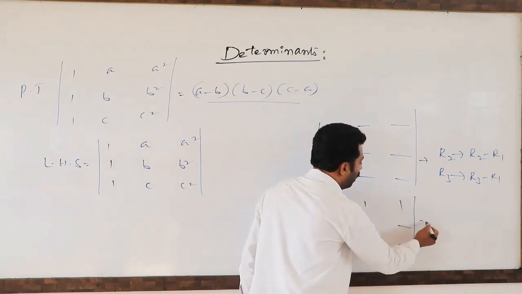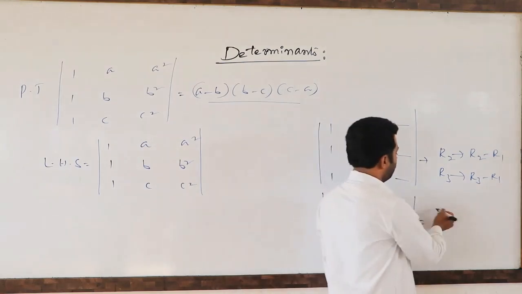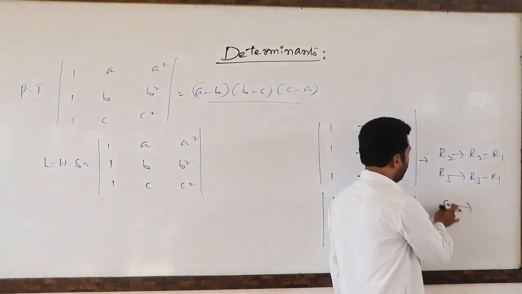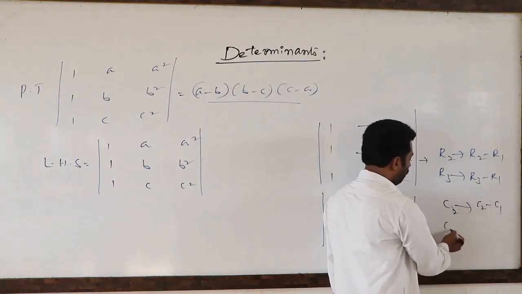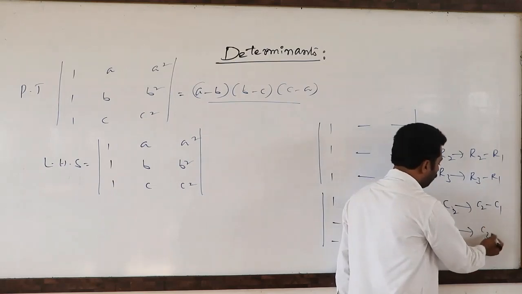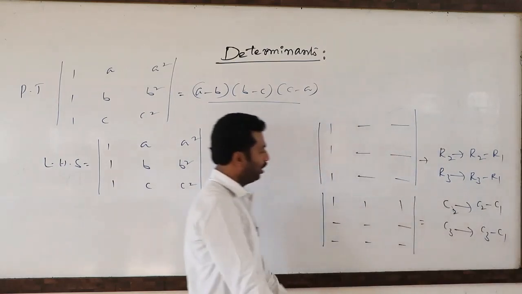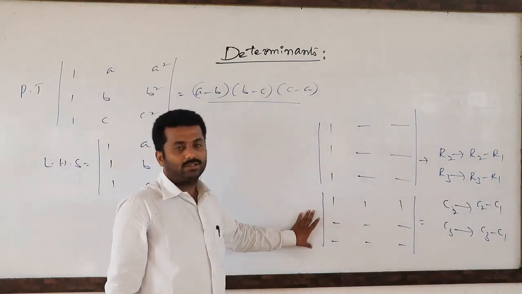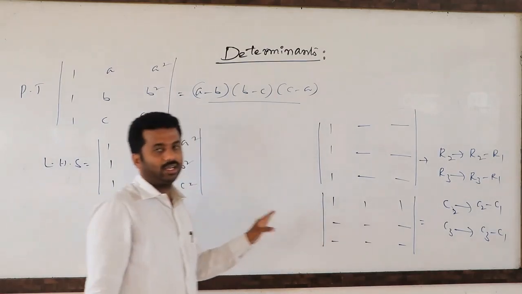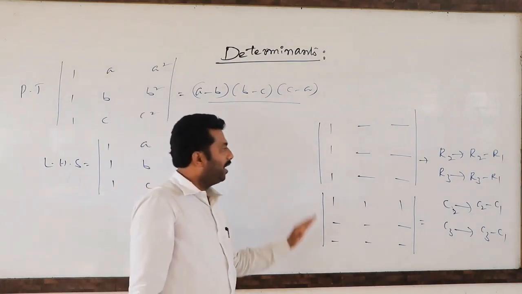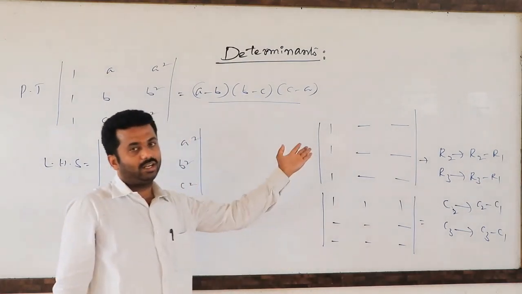In that case what you have to apply is column operations: C2 changes to C2 minus C1, and C3 changes to C3 minus C1. Only these two operations you have to apply. Why only these? Because we want to get a triangular matrix determinant, either upper triangular or lower triangular.